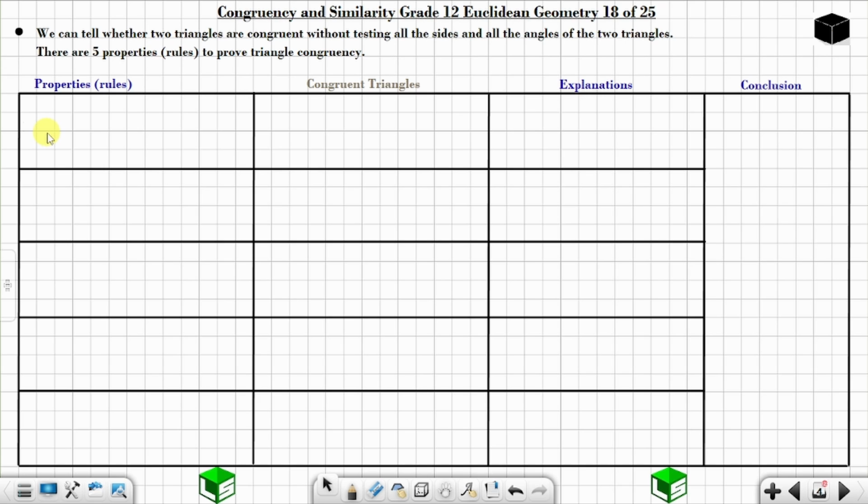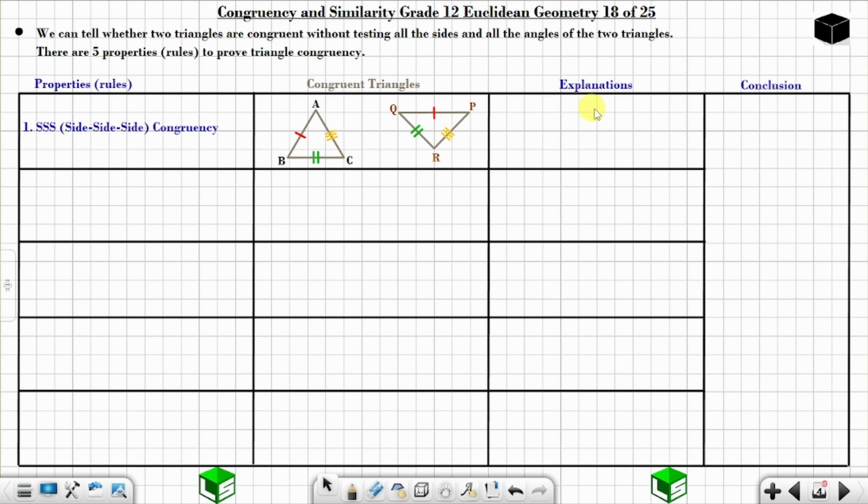So the first property is SSS, which is side congruency property. So if you are comparing two triangles, if you can prove that the 3 sides in one triangle are equal to the 3 sides in another triangle, this is sufficient to conclude that the two triangles are congruent.